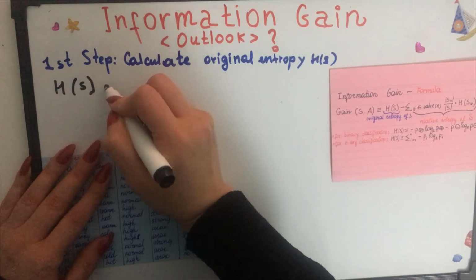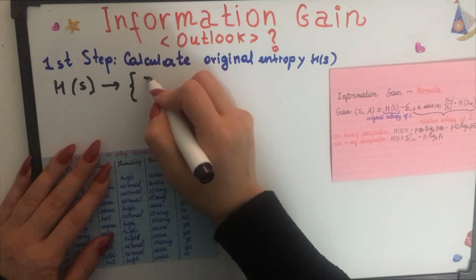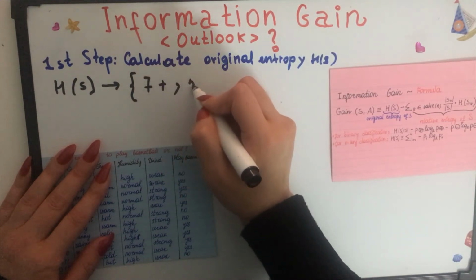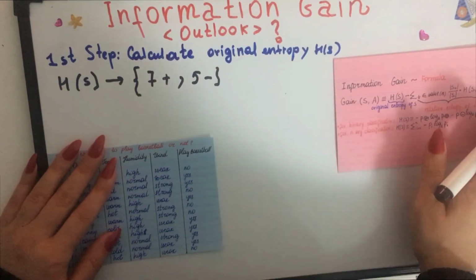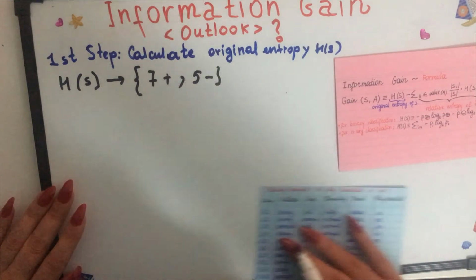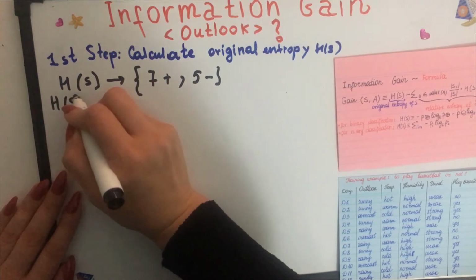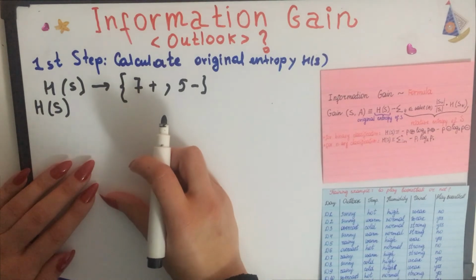So we have totally 12 days, and in 5 days is not playing basketball, and 7 days is yes, playing basketball. So this is the first step we need to take. We have 7 play basketball days and 5 not to play basketball days.